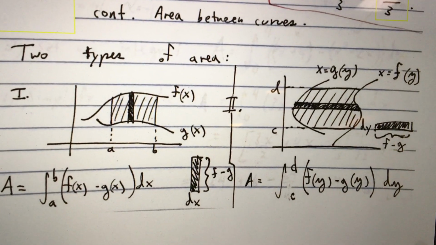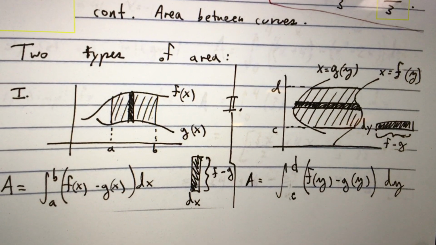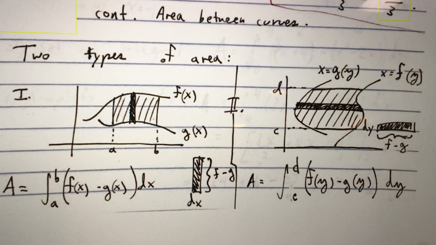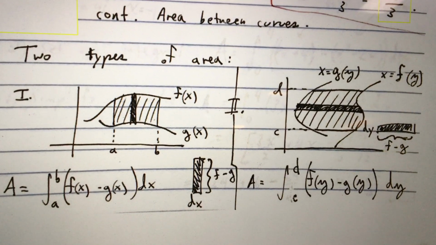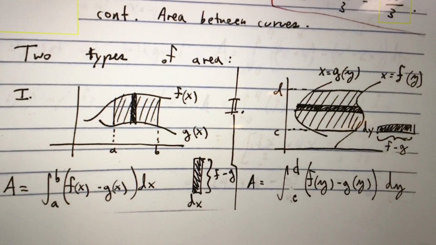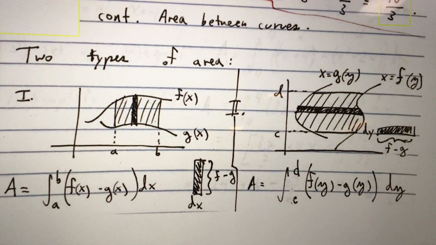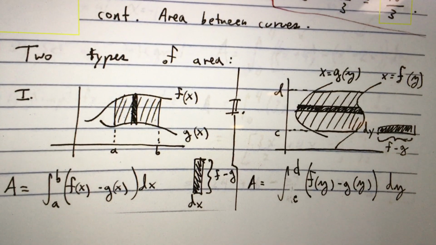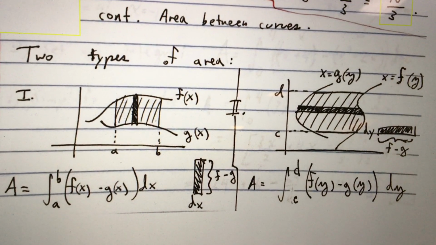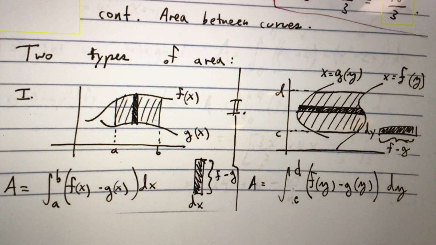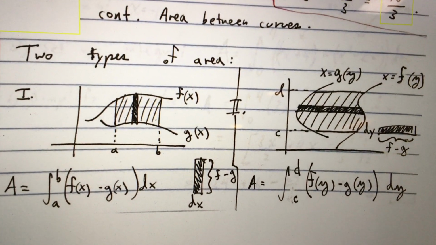So, compare type 2. Now, the two curves might not pass the vertical line test. Instead, they'll pass a horizontal line test. x is equal to g of y. These are two curves where we've solved for x. And x is equal to f of y.